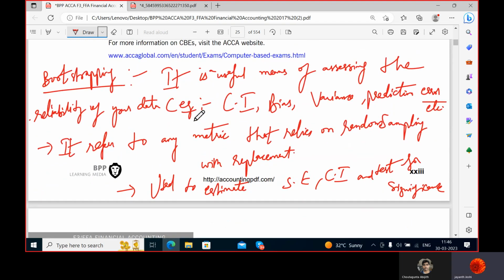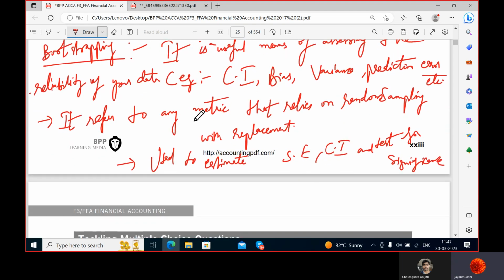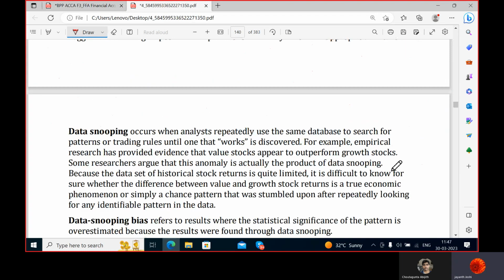So both methods are there to check. One is there to remove the outliers and reduce the bias, and this is to check the reliability of the data, how reliable the data is and how you can trust the data. This is bootstrapping.